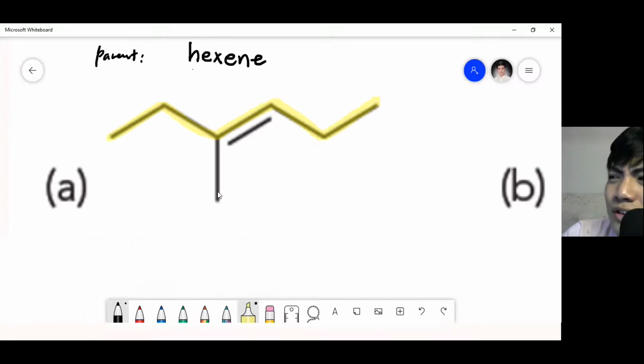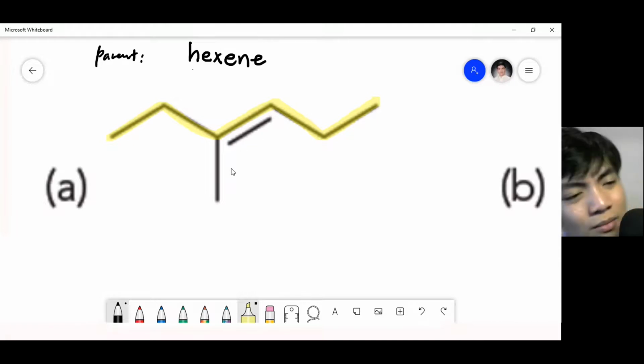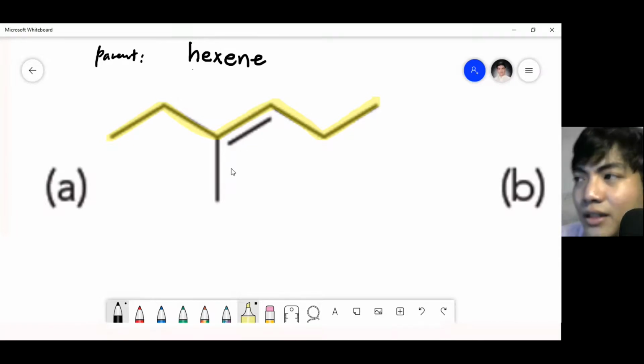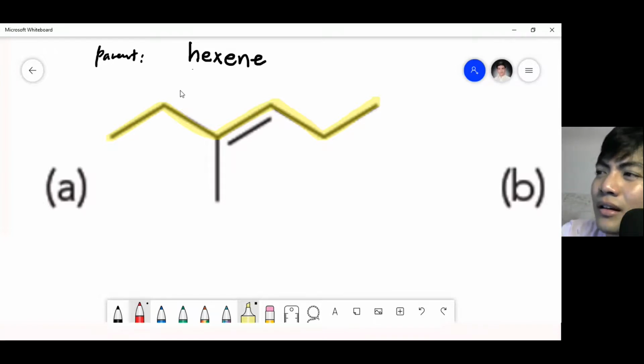This is your substituent and this is the double bond. When assigning locants, always keep in mind that your double bond must be prioritized first. So if we count from right to left, your double bond will start at carbon number 3.